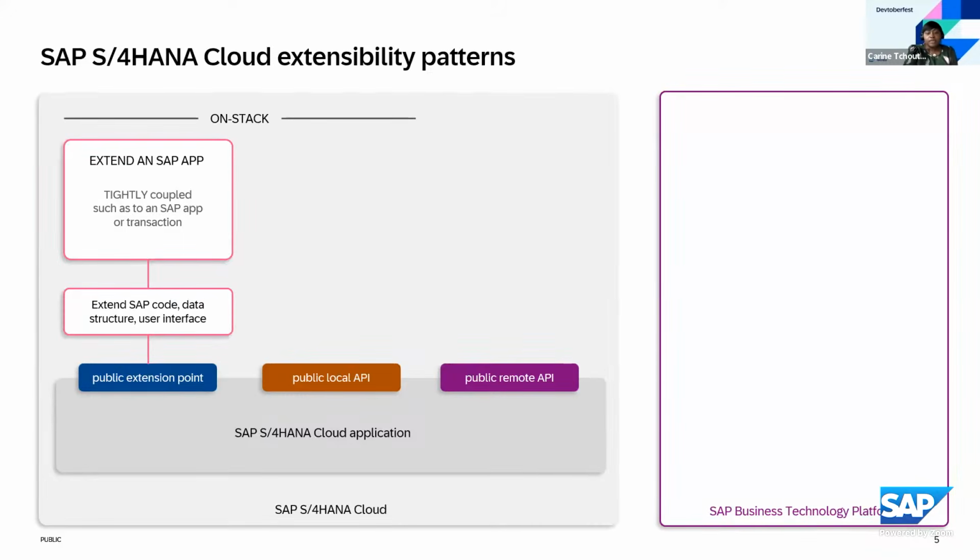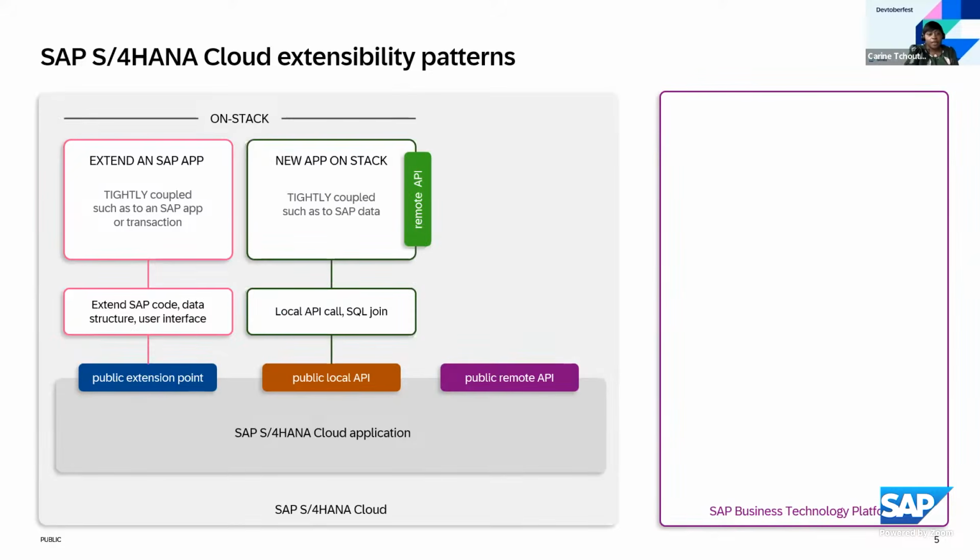On the screen, we can see the extensibility patterns. The first one is extending an SAP application, which is needed for really tightly coupled extensions, tied with integration into the SAP app. Here we use the so-called released extension points.